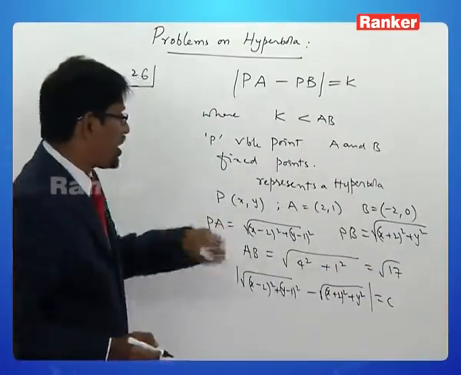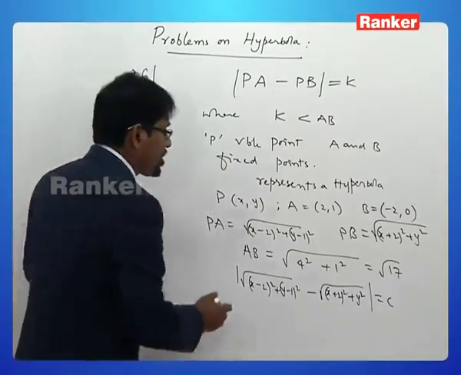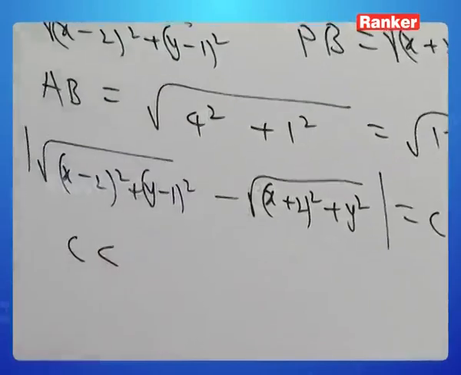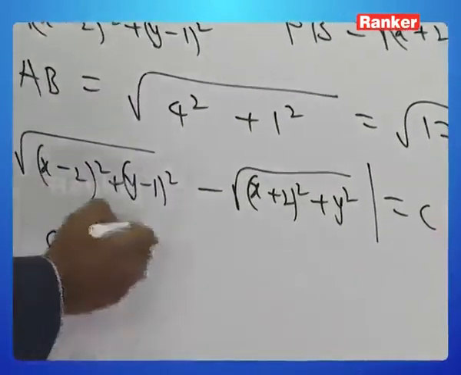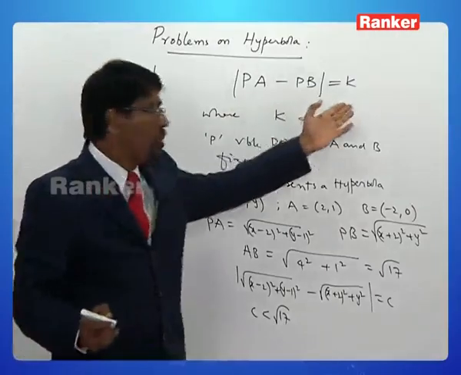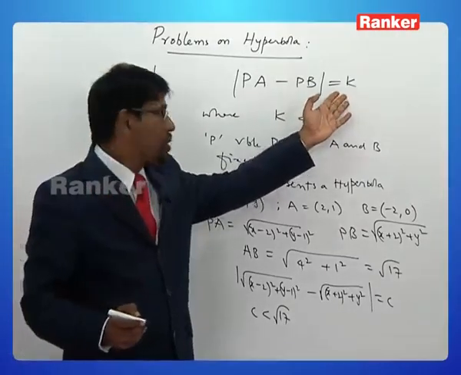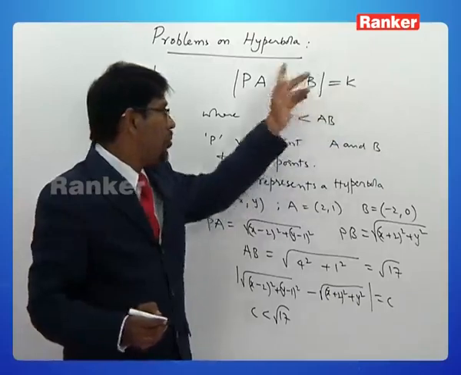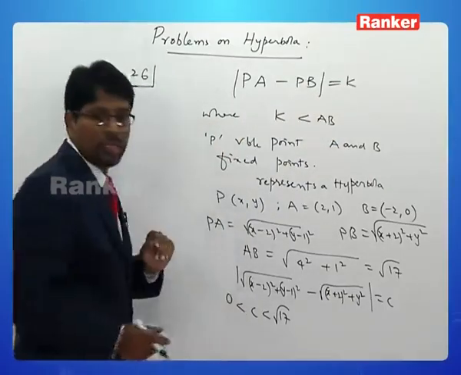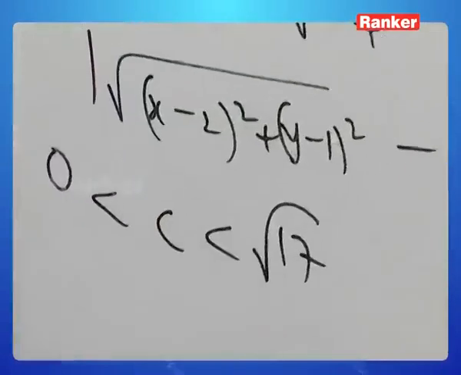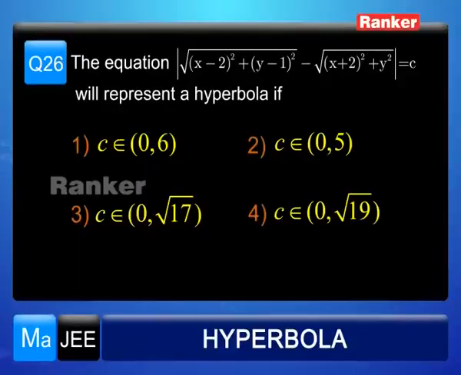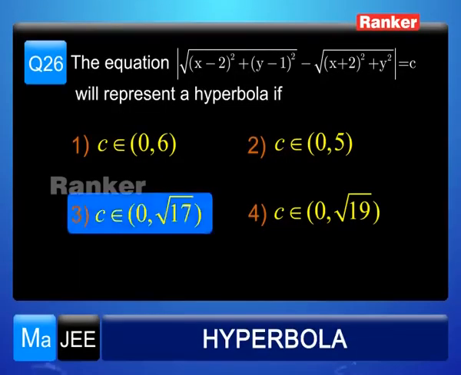So c should be less than AB. Therefore, for it to represent a hyperbola, c should be less than root 17. c has to be a positive quantity because it has been equated to a modulus quantity. Therefore, c has to be greater than 0 and less than root 17. Therefore, this is the right option. Option 3 is the right answer.